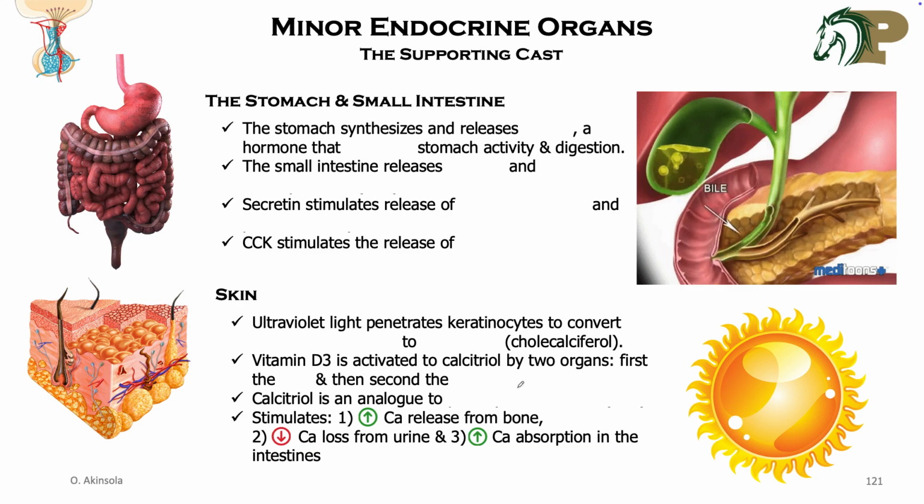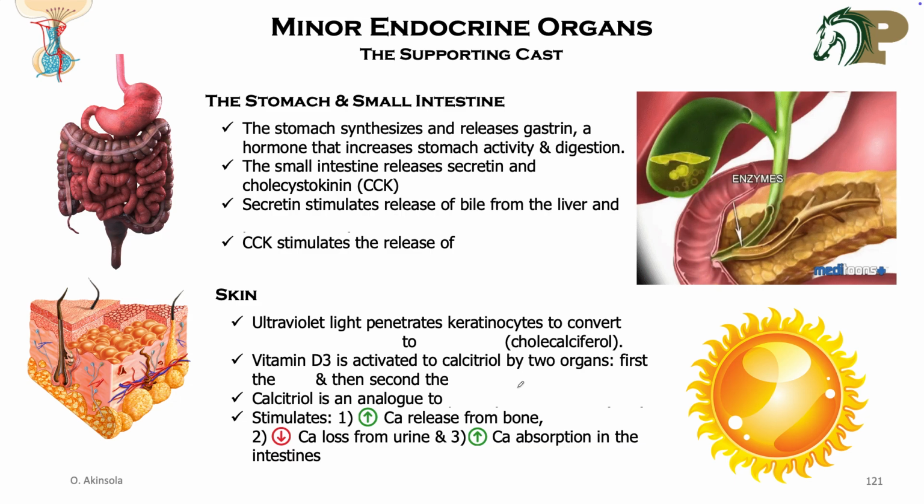Stomach and small intestine. The stomach will synthesize and release gastrin, which is a hormone that increases stomach activity and digestion. The small intestine will release secretin and cholecystokinin. Secretin will stimulate the release of bile from the liver. We'll learn more about bile later, and digestive and pancreatic enzymes.